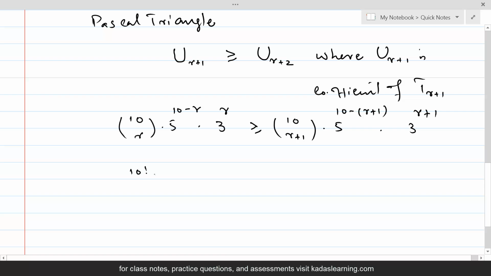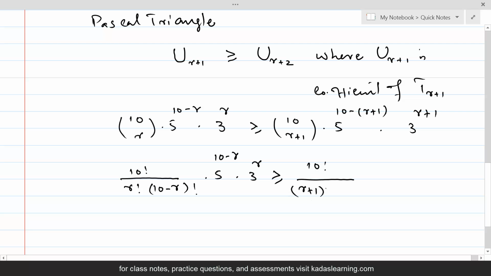This will become 10 factorial over r factorial times 10 minus r factorial, into 5 power 10 minus r times 3 power r, greater than or equal to 10 factorial over r plus 1 factorial into 10 minus r minus 1 factorial.